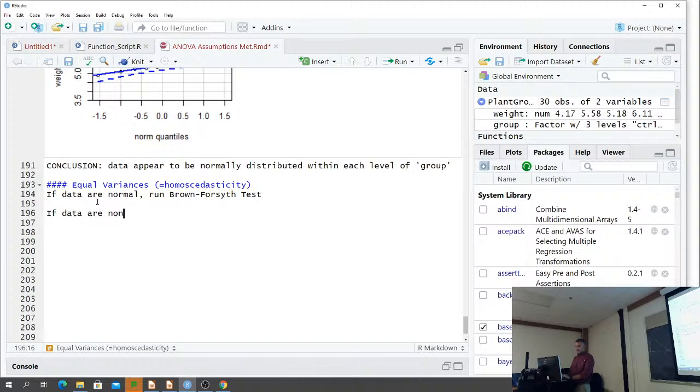If data are non-normal or questionable, then we're going to run the Fligner-Killeen test. That's what we're going to run. So we're going to do the Brown-Forsythe test since we're normally distributed.